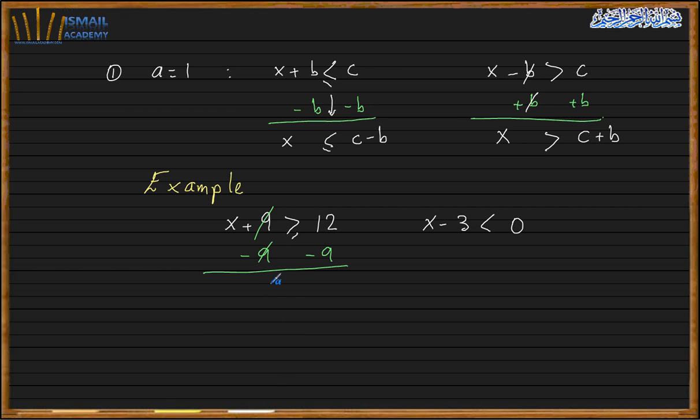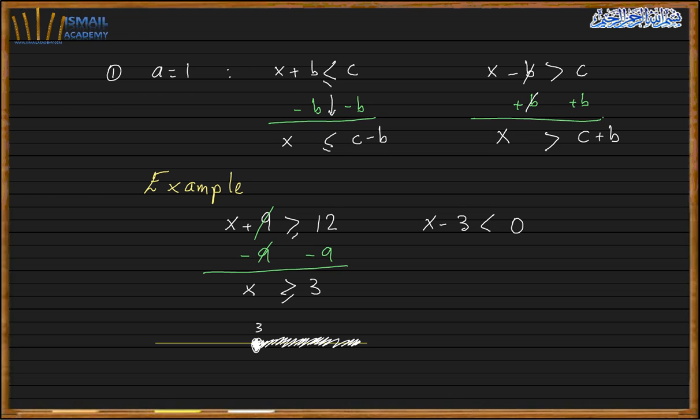The sign stays in the same direction because I'm just subtracting the same number from both sides. 12 minus 9 is 3, and this is x. On my number line, this is my 3, and since it is equal, I put a full circle. x is greater than 3. Greater than 3 means the right side, so I shade the right side of 3.